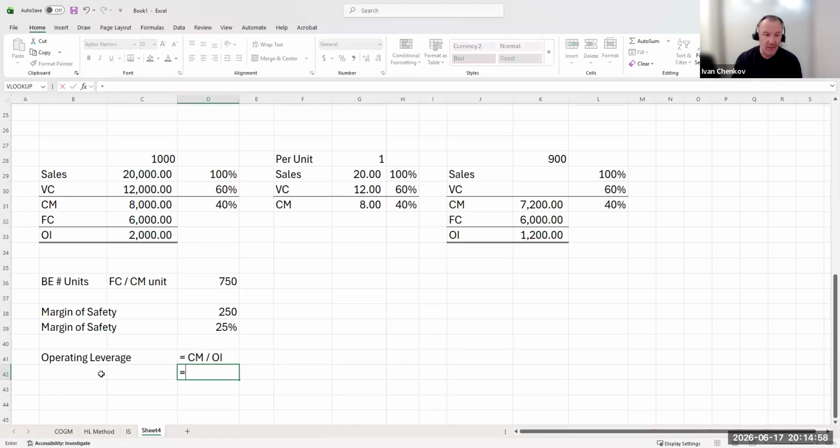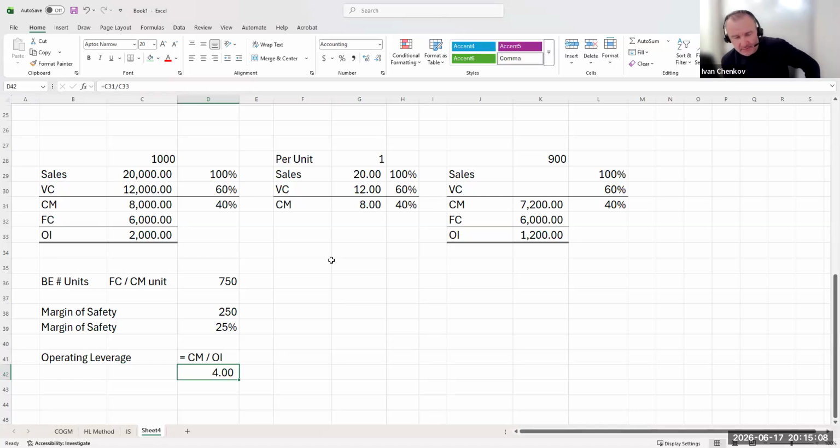And in this case it will be 8,000 divided by 2,000, which is 4. And then what's going to happen if I increase my sales by 10%, how much will my operating income increase? 40%. That's the usage of the operating leverage.